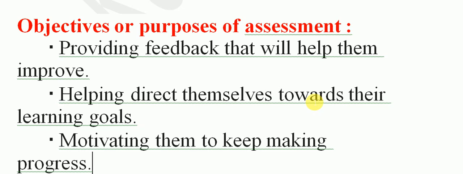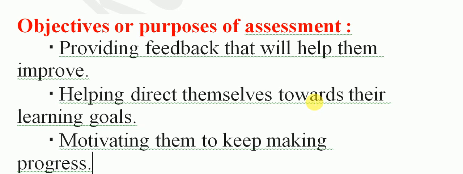There are some objectives and purposes of assessment. Which are the objectives of the assessment? Providing feedback that will help them to improve.